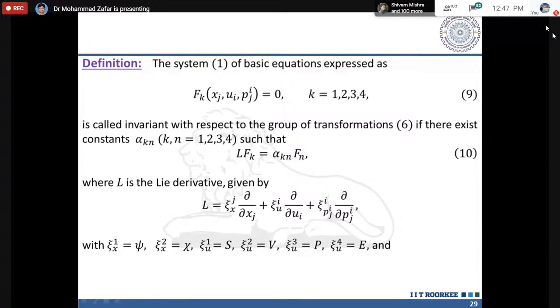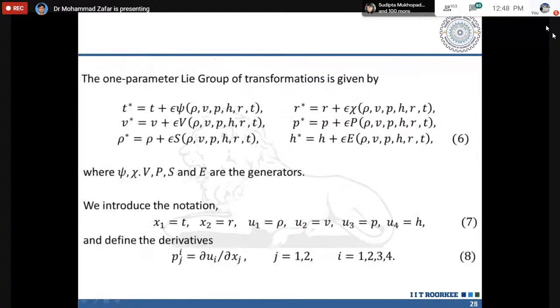So F1 equal to 0 is the first equation, and so on to F4 equal to 0, the fourth equation. This system is called invariant with respect to the group of transformations 6. This is equation number 6, the one parameter Lie group of transformations.